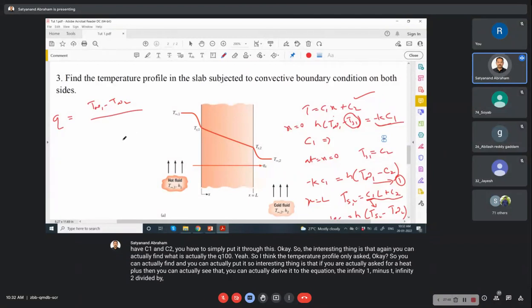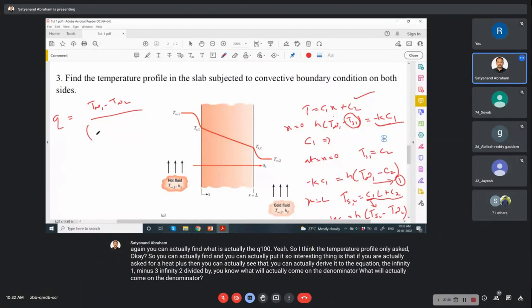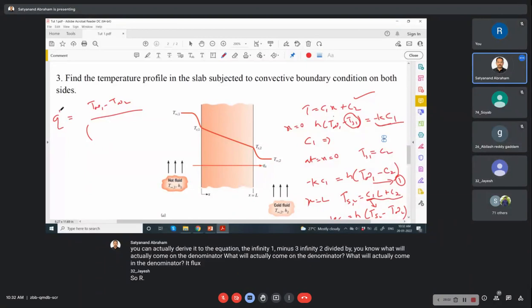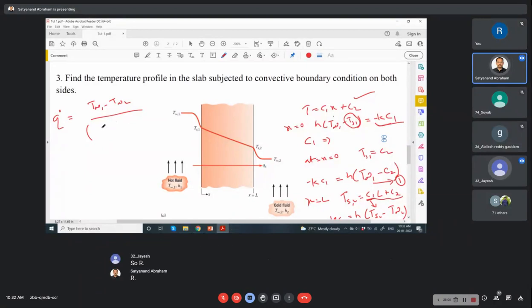Do you know what will come in the denominator? Heat flux is equal to the temperature difference over R conduction. What is R conduction?